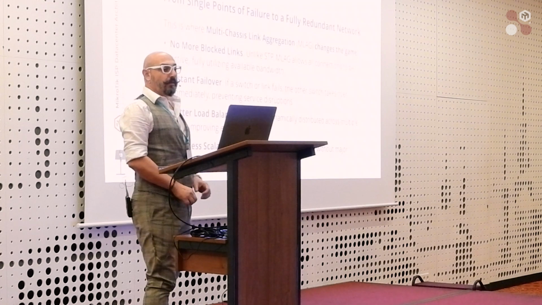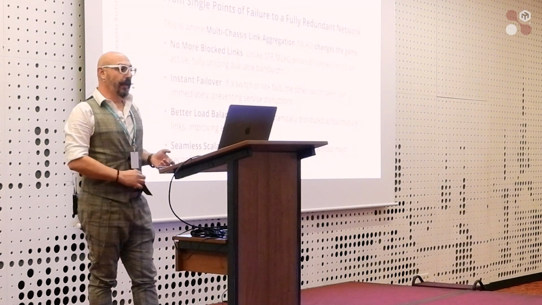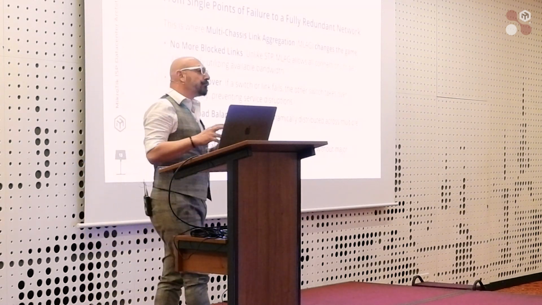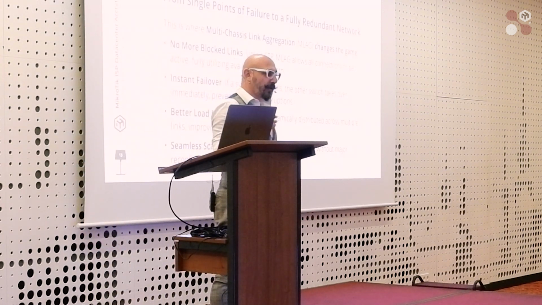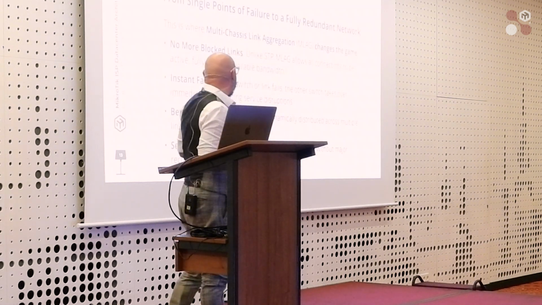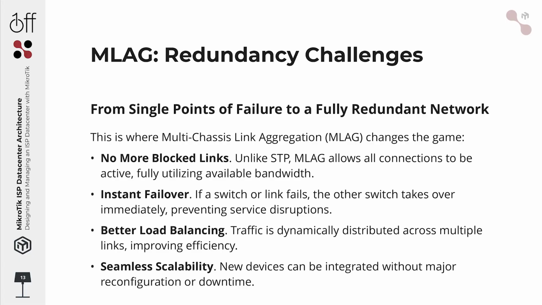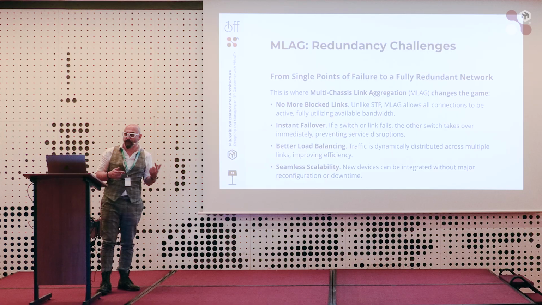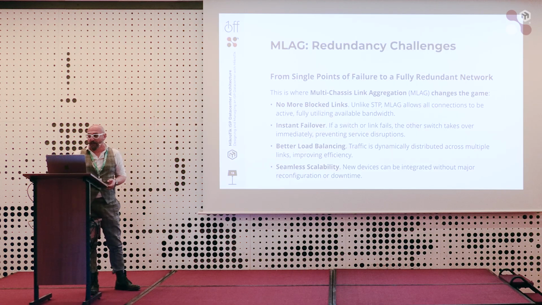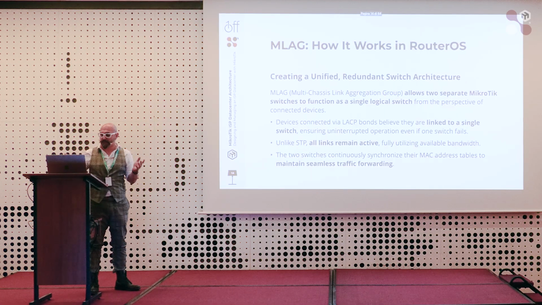By creating a multiple chassis link, we can change the game in a sense, because we don't have blocking links, so all the links are active at the same time. We have instant failover, load balancing, and I think seamless scalability. I mean, if you need to add another device to the network, you don't need to reconfigure everything. You just plug it in and tag your VLANs and so on.